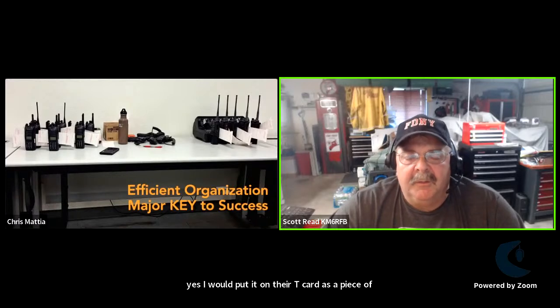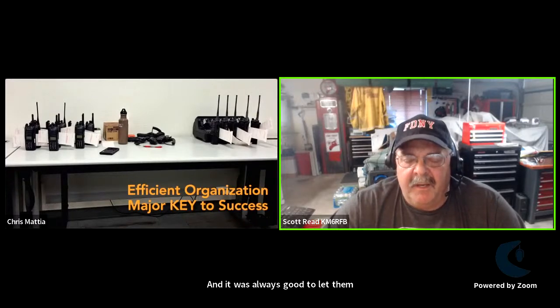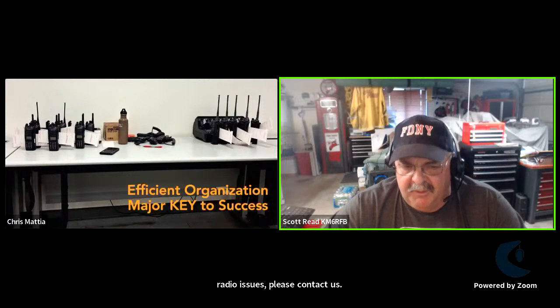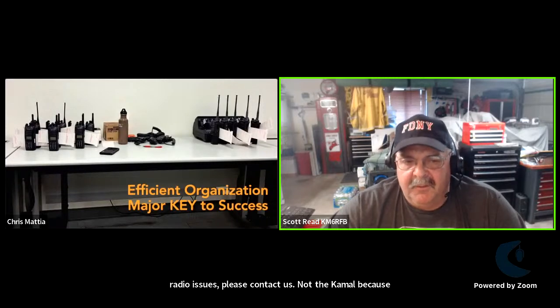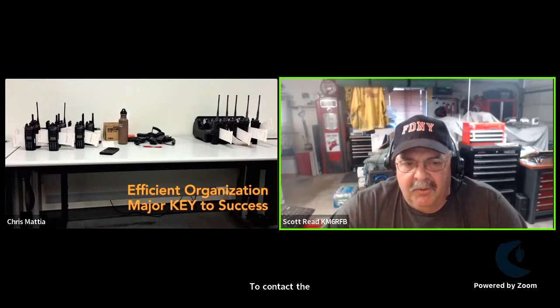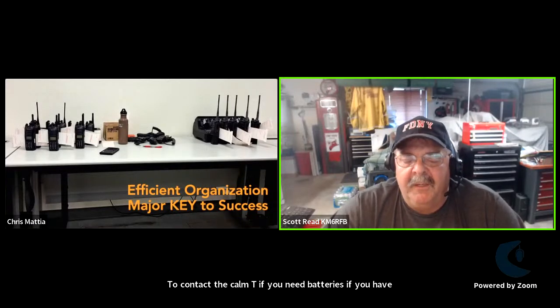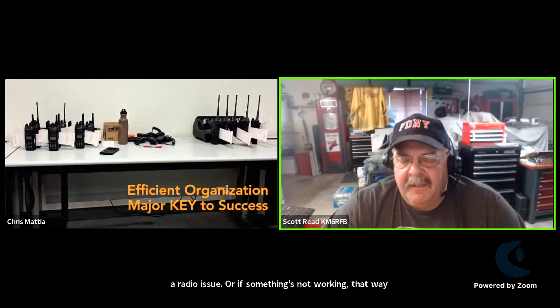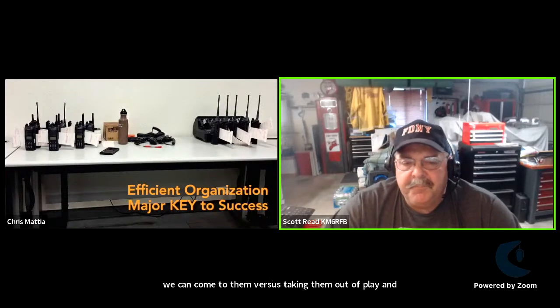And it was always good to let them know, if you had radio issues, please contact us, not the ComL, because he's busy doing administrative functions. To contact the ComT if you need batteries, if you have a radio issue, or if something's not working. That way we can come to them versus taking them out of play and having them come to us.